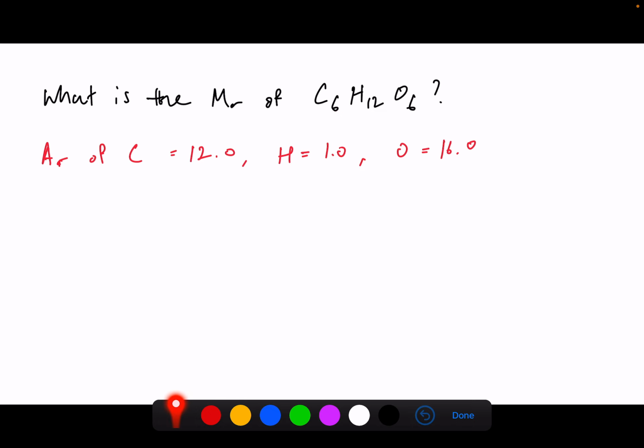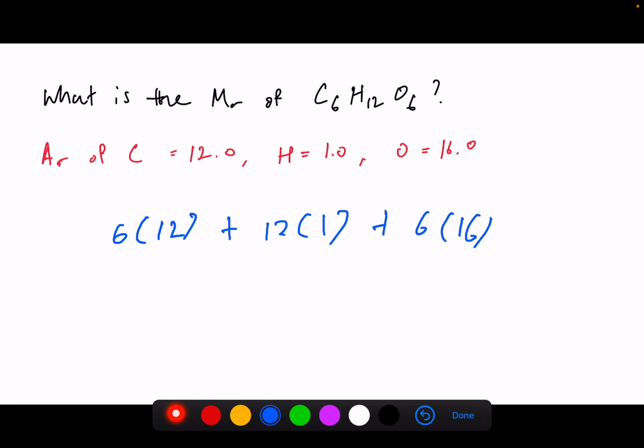So the answer would be 6 times 12, which is the Ar of carbon, plus 12 times 1, which is the Ar of hydrogen, plus 6 times 16, which is the Ar of oxygen. Adding all together, you should get an Mr of a total of 180.0. So that's the answer.